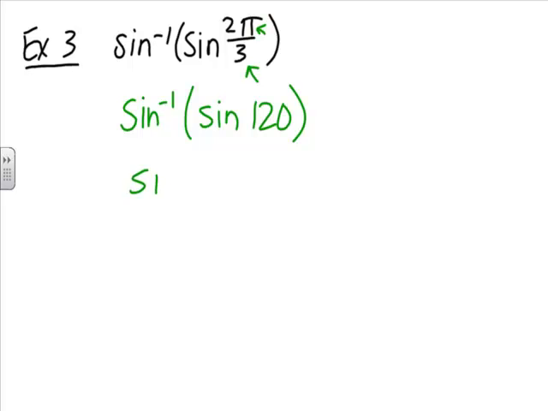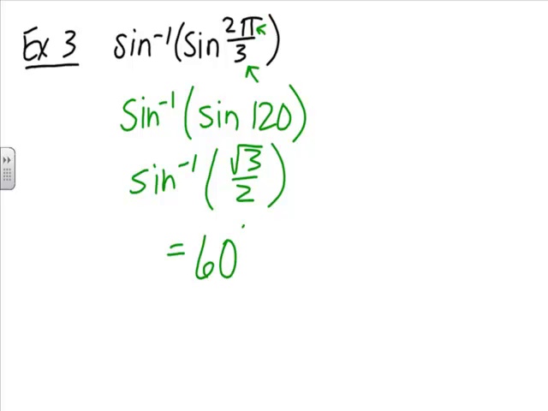But if you do this, the sine inverse of the sine of 120. The sine of 120 is radical 3 over 2. And even on your calc, if you hit second sine and put radical 3 over 2 in, out comes 60 degrees, as opposed to what we started with, which was 120 degrees.